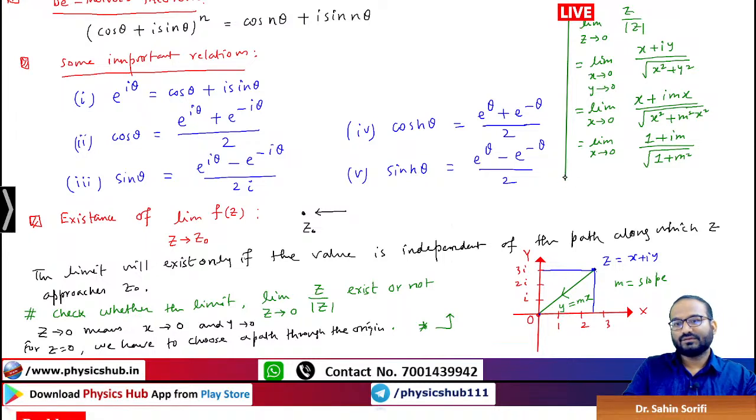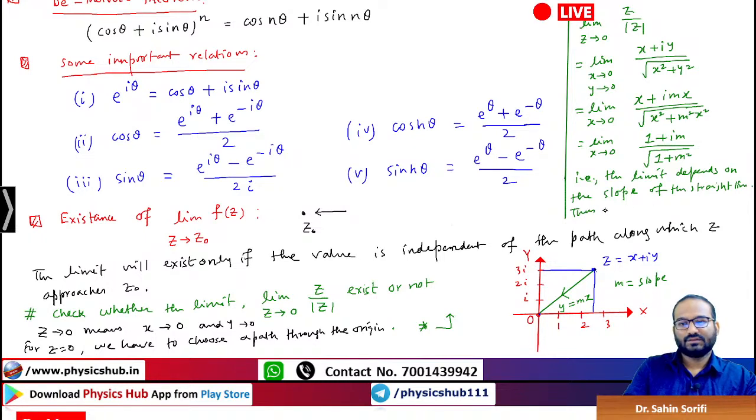So that is, the limit depends on the slope of the straight line. Thus, the limiting value is dependent on the path.